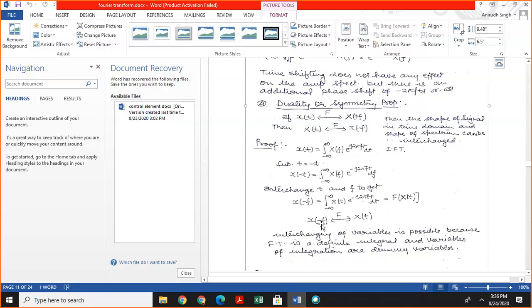So we can prove that the shape of the signal in time domain can be interchanged with the shape of the signal in frequency domain. Interchanging of variables is possible because the Fourier transform is a definite integral and the variables of integration are dummy variables.